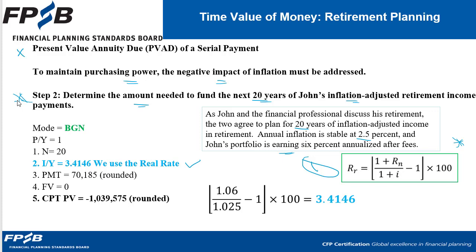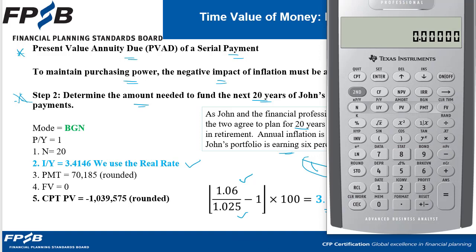This is a present value annuity due of a serial payment type question, okay? So we can see that the investment return is 6%, the inflation is 2.5%. So 1.06 divided by 1.025 minus 1 times 100 gives us a discount rate of 3.4146. So that's always step number 1.